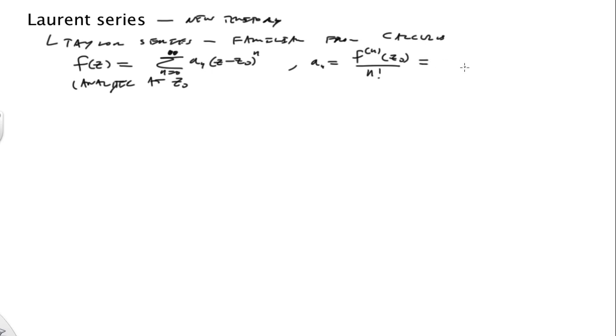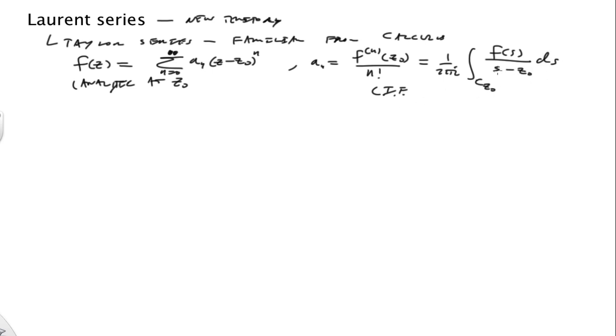And of course, this is precisely the Cauchy integral formula, which states that it's 1 over 2 pi i, the integral around some contour that encloses z naught of f of s over s minus z naught ds.